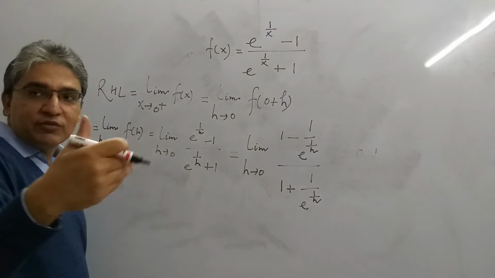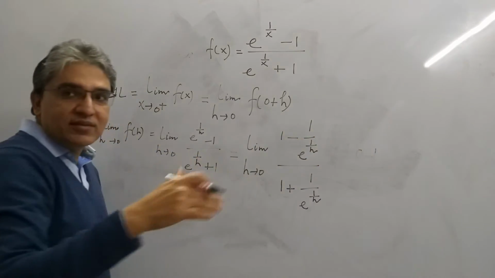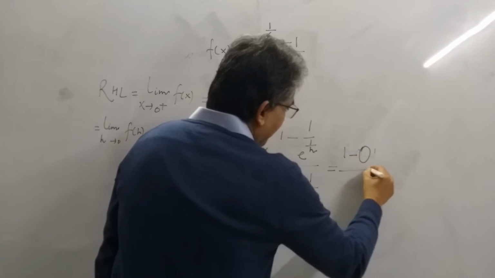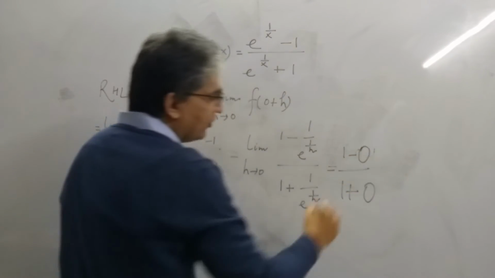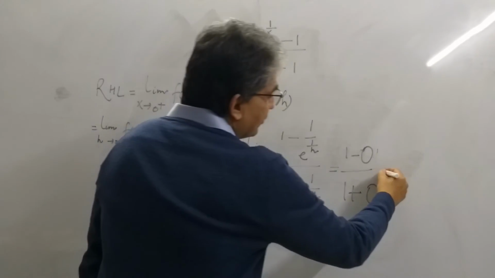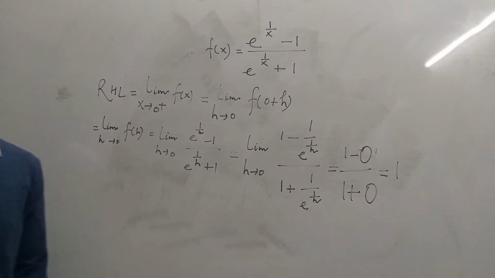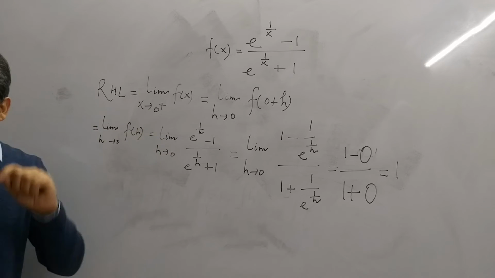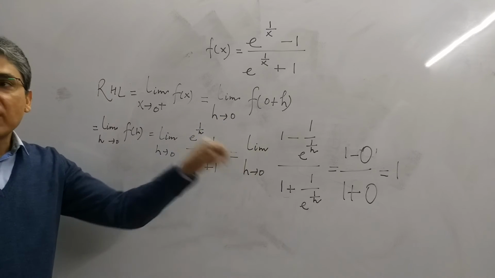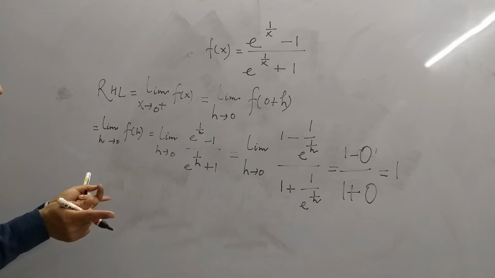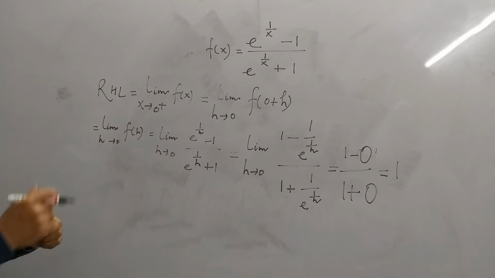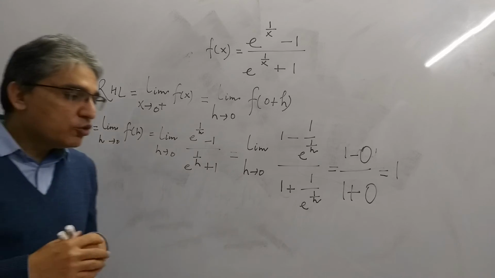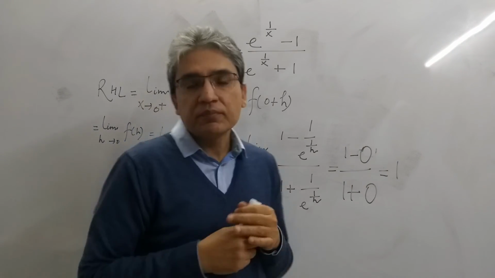E to the power very big is very big. 1 upon very big is 0. So this can be 1 minus 0 upon, by the same logic, 1 plus 0. So that is how much? That is 1. So you just saw that the left hand limit was minus 1, but the right hand limit comes to be plus 1. So the two limits are different, they are not converging, so this also doesn't have the limit. So we have proved the two cases where there is no limit.